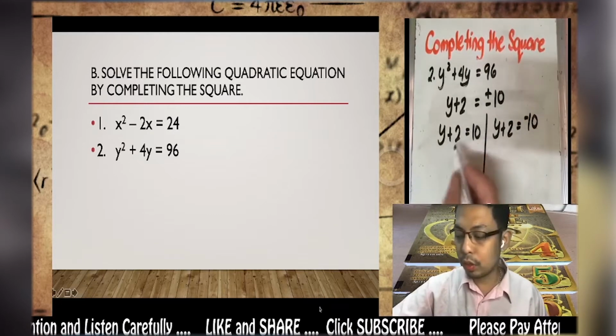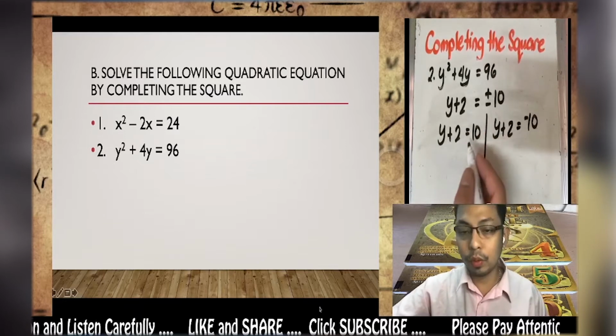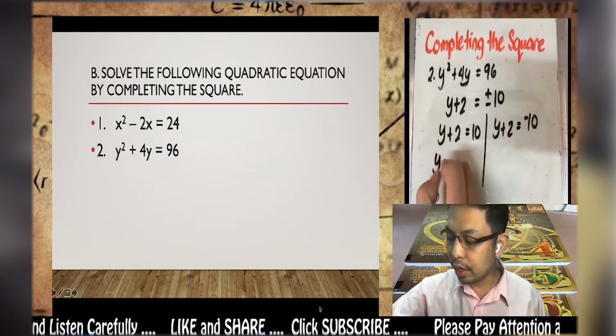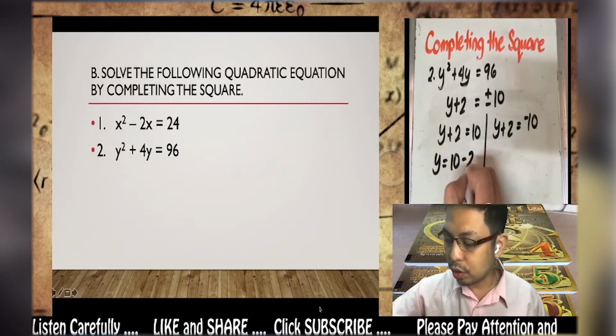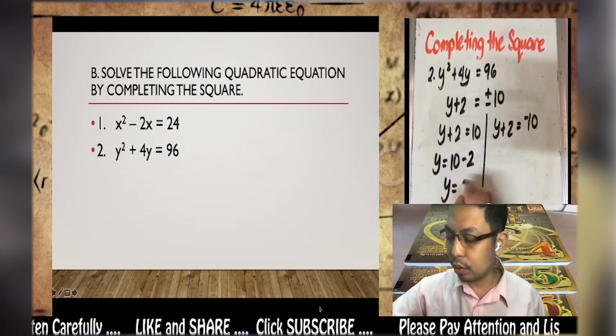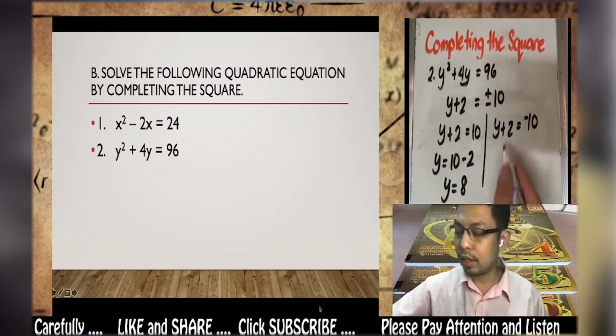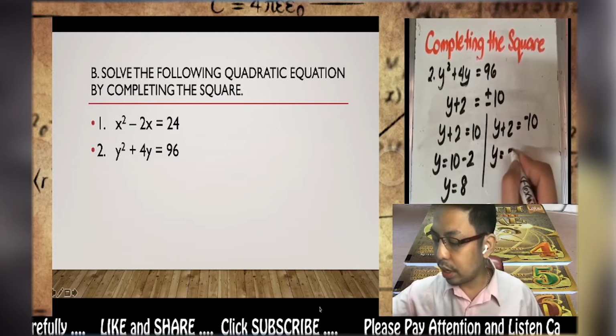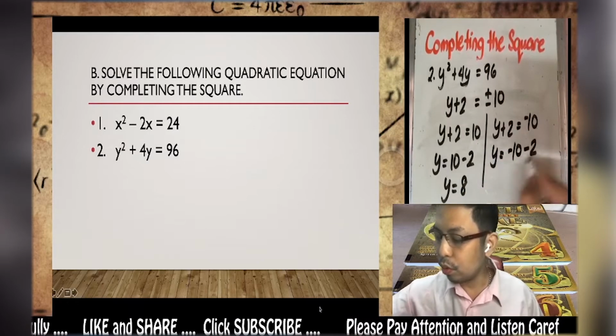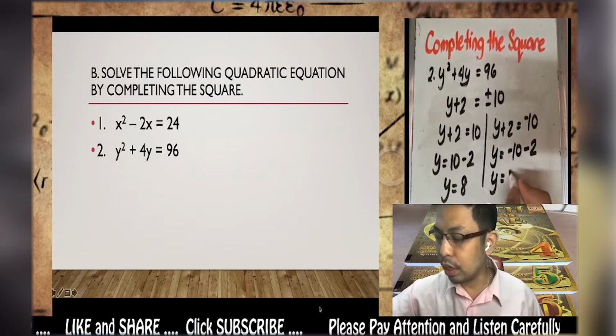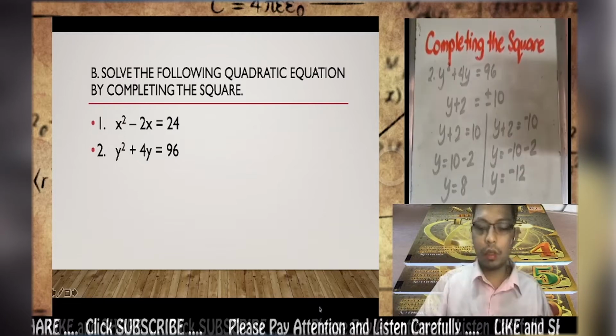Transpose 2 to the other side, it will become negative 2. y is equal to 10 minus 2, so y is equal to 8. On the other side, y is equal to negative 10 minus 2, so y is equal to negative 12.